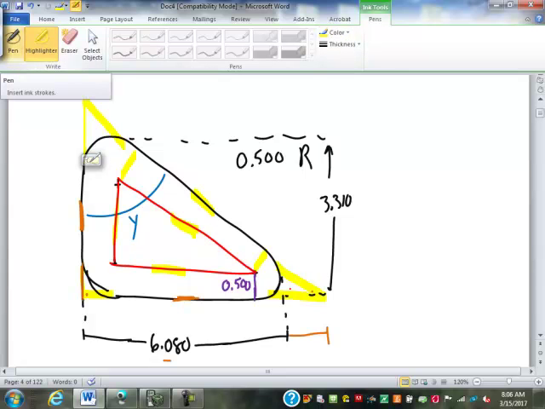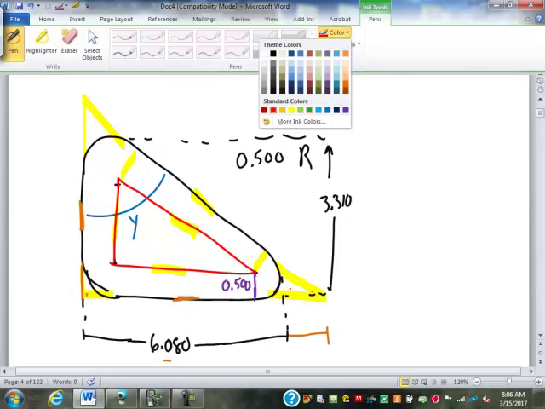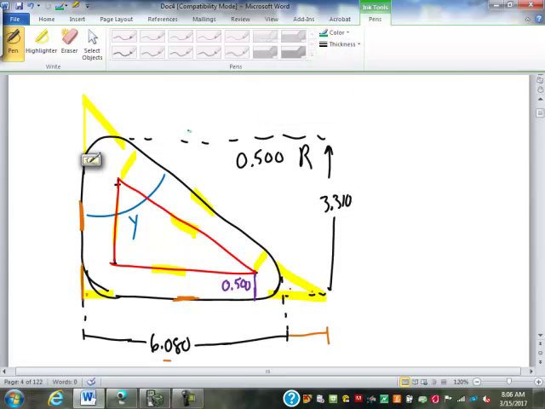In this red triangle, what do we know? Well, we know that this is 0.5, right? And that's 0.5. So we can subtract 1 from the 3.310.